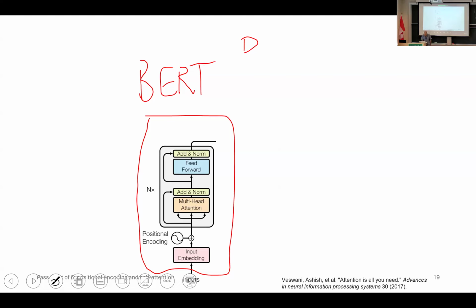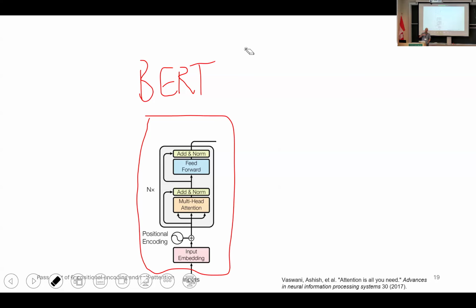So E stands for encoder. All right, so in this encoder, as you can see, the input comes in. There's positional encoding, we're going to talk about it. And we have different layers where vectors are multiplied by something and added together and then sent to the next layer to be multiplied by something.